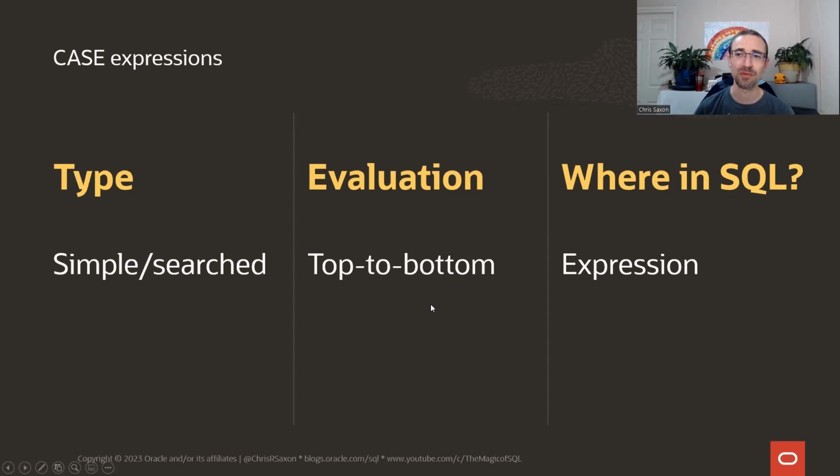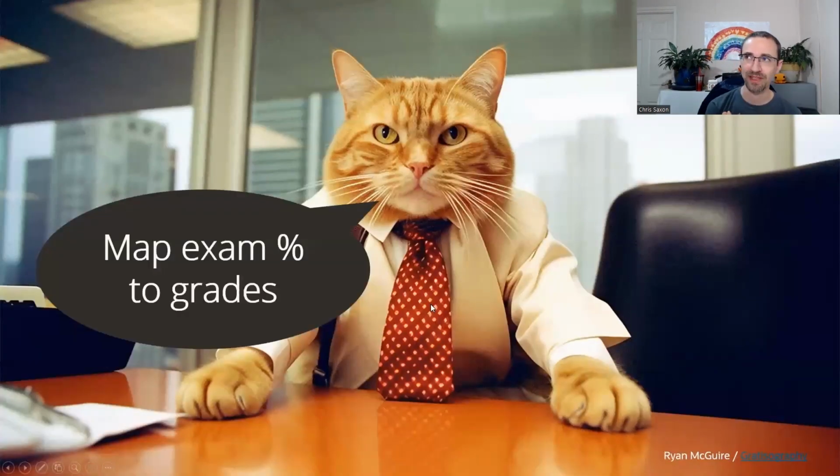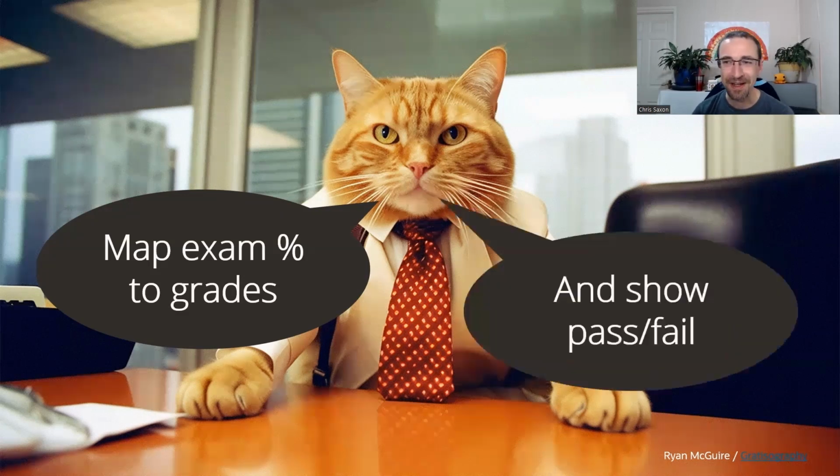So first up, we were asked to map the percentages correct to lettered grades, A to F. Let's tweak the requirements. You've done this and you go to your boss or whoever, and they say, here you go. And what's the first thing they do? They say, oh, that's great, you need to do this other thing as well. Not only do we want to return the letter, we want to tag them as being a pass or a fail.